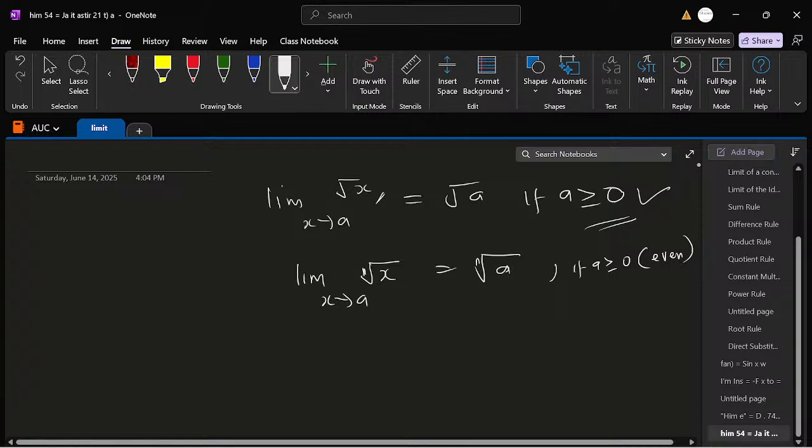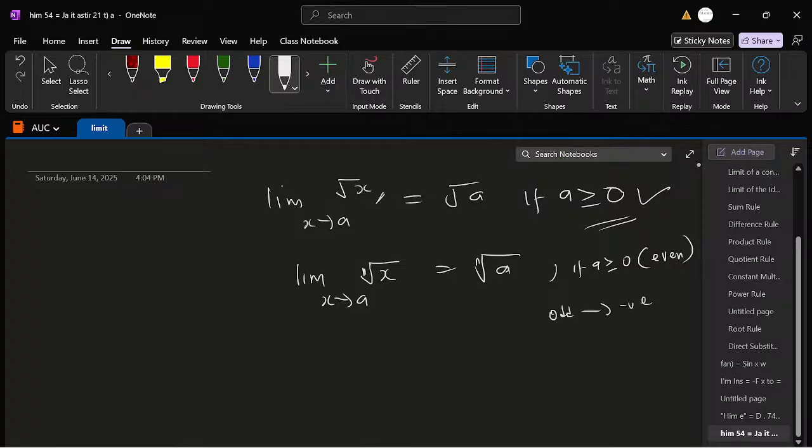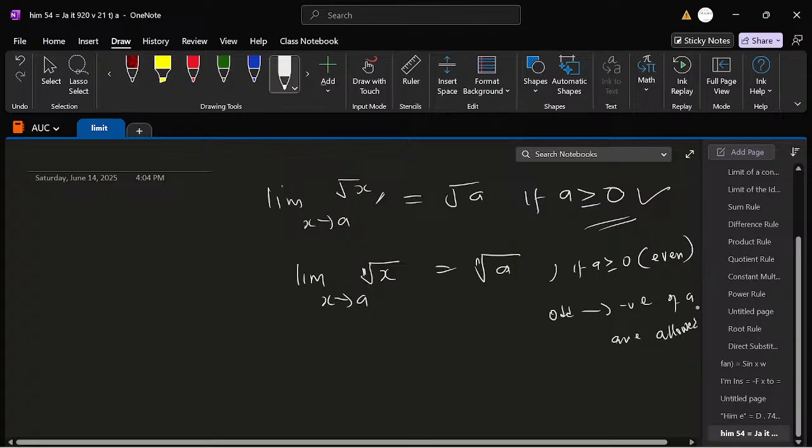For odd roots, negative values of a are allowed. So there's no problem, just for you to take note of that.